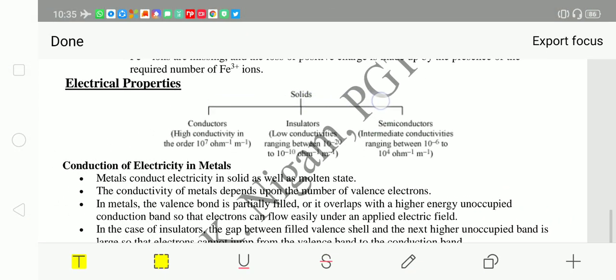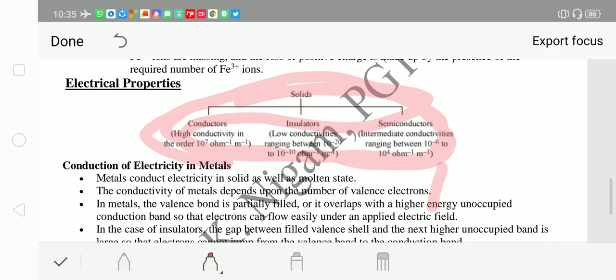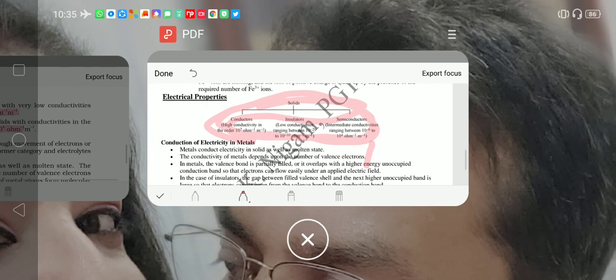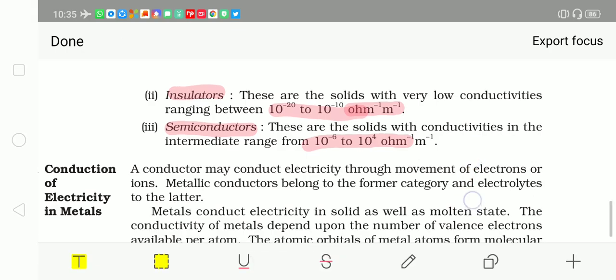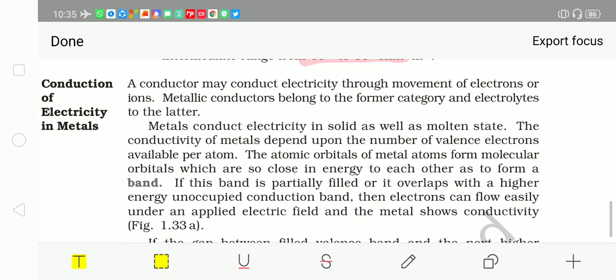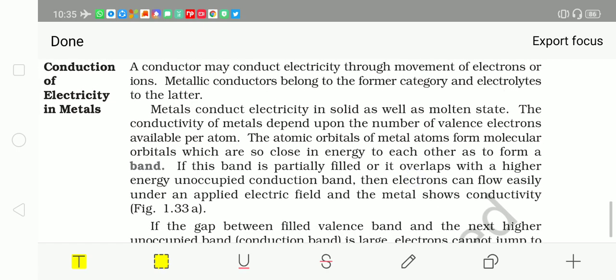So this is all about the kinds of solids on the basis of electrical conductivity. Clear? Now the next one is conduction of electricity. How is electricity conducted in the case of metals? For conductivity there are basically two possibilities: either free ions or free electrons are there.